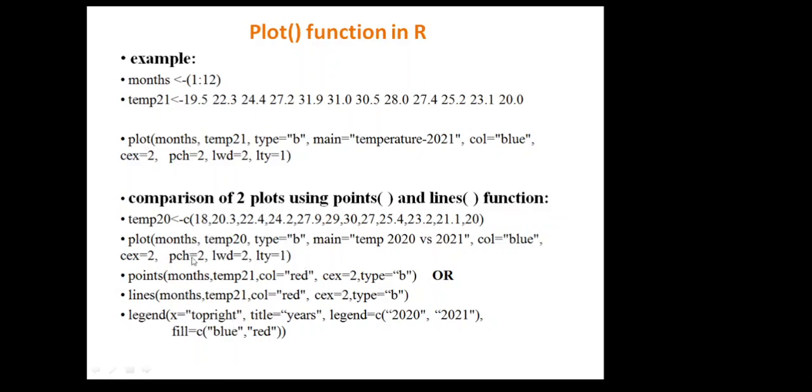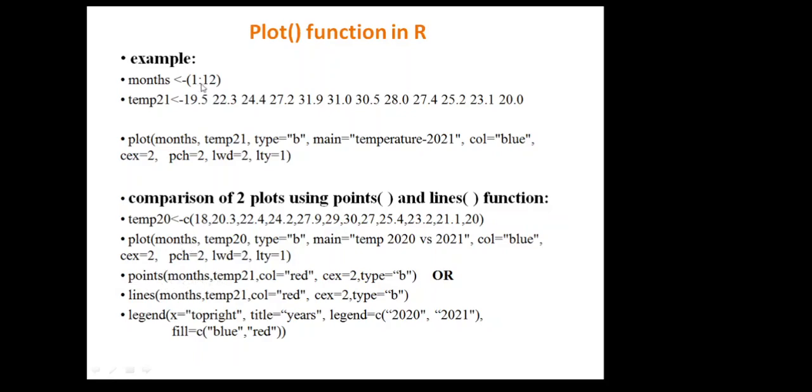Now we'll create one graph by using this plot function. Now we want to create another graph in the same image. So to create that another graph, we'll use points function. We are not going to use plot function. We'll use points function. So this points function receives again two parameters.